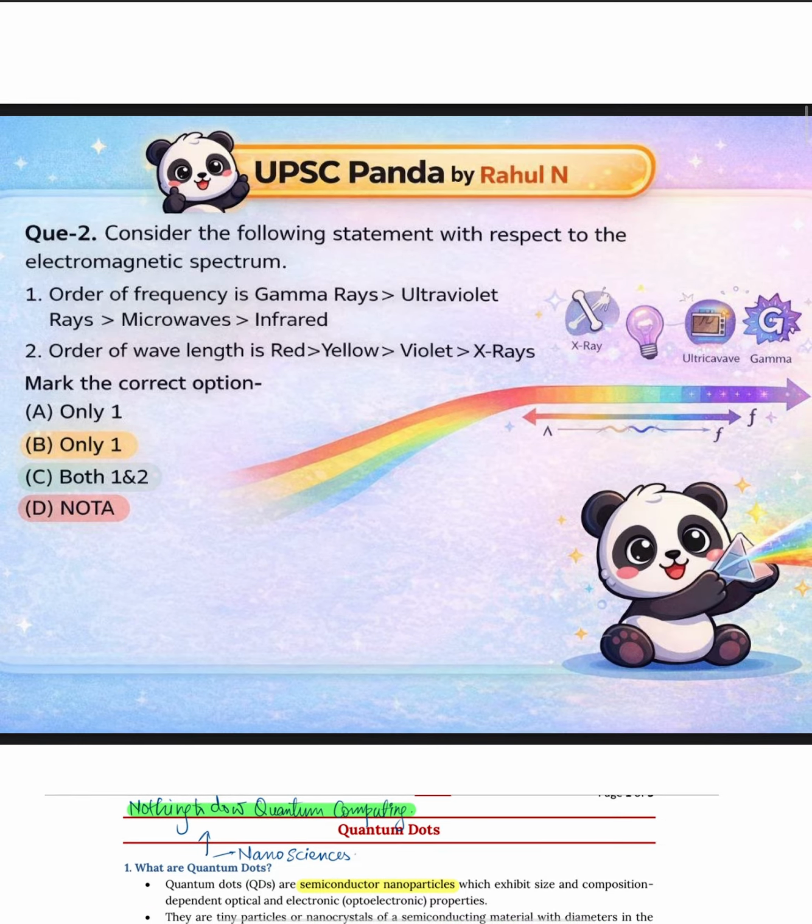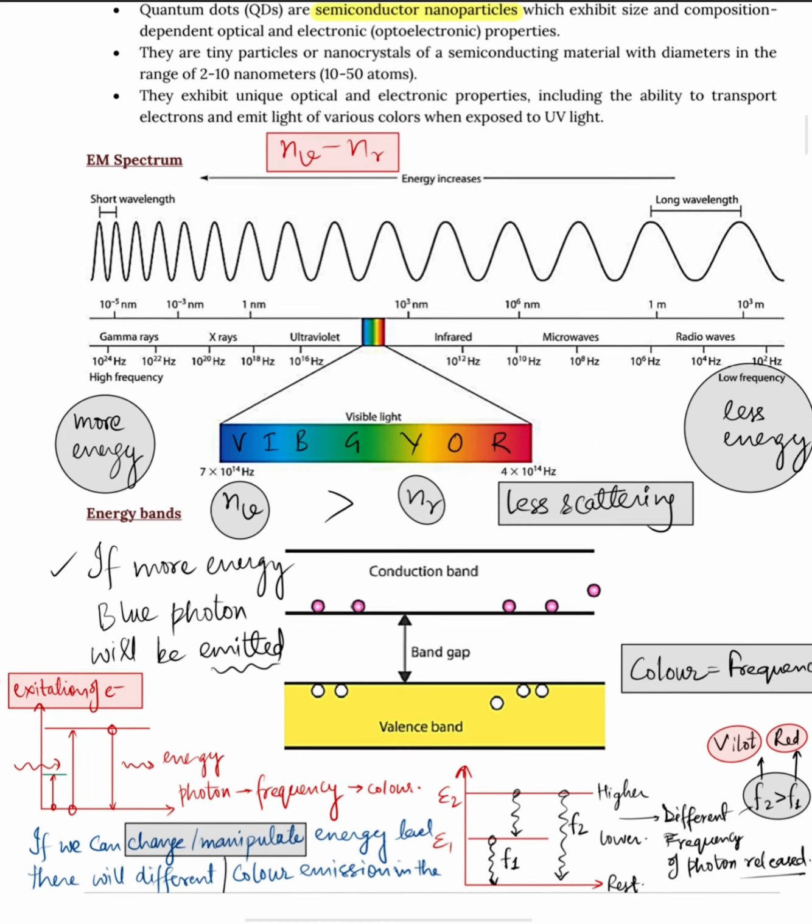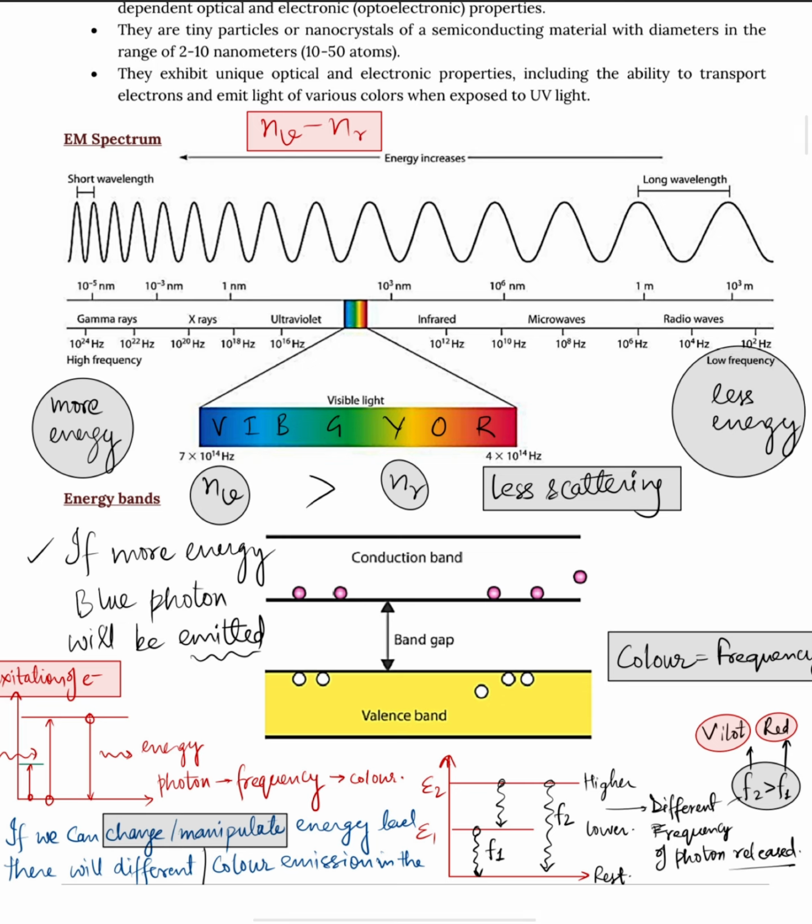The second question is: consider the following statement with respect to the electromagnetic spectrum. They have asked the order of frequency and the order of wavelength. Let us see the electromagnetic spectrum, then you will understand the idea. The electromagnetic spectrum has gamma rays, X rays, UV rays, infrared, microwave, and radio wave.